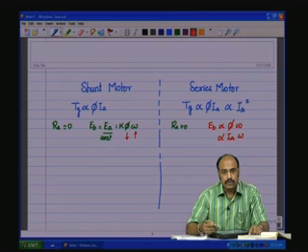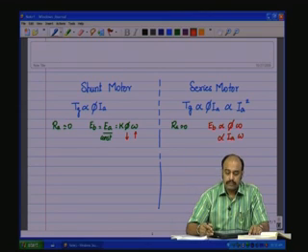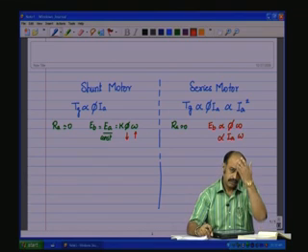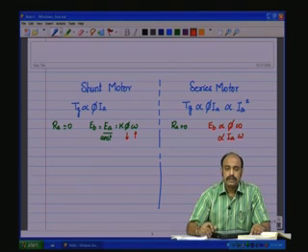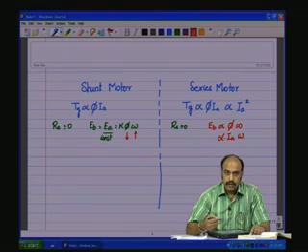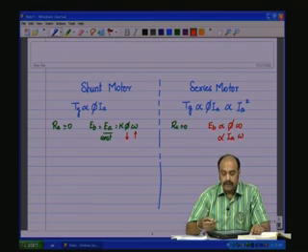If Ia is 0, at the time when the shaft is not rotating, that is omega is equal to 0, Eb is 0. Under no load conditions, when let us say Ia is close to 0, then also Eb is equal to 0.